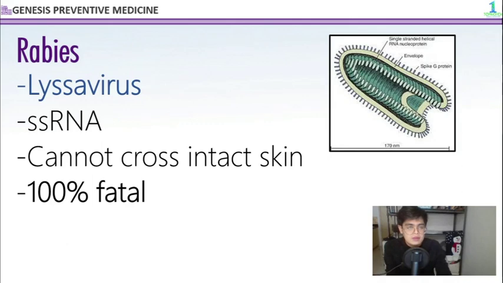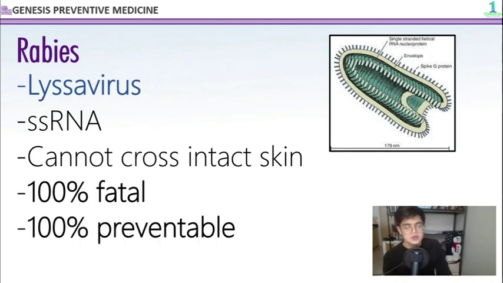Okay, so rabies as a disease is 100% fatal when complicated, when the virus takes its toll, but on the other hand it is also 100% preventable provided vaccination is given in a timely and appropriate manner.